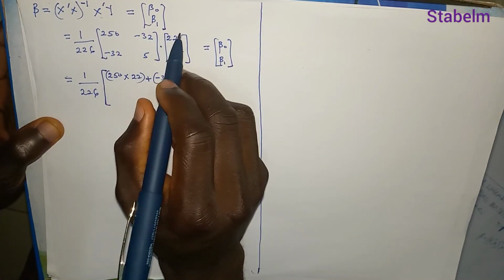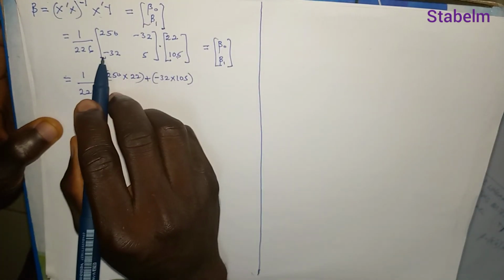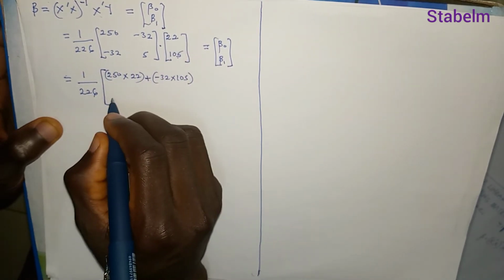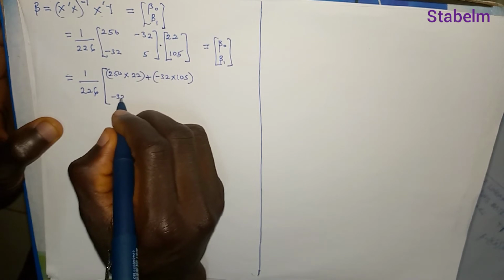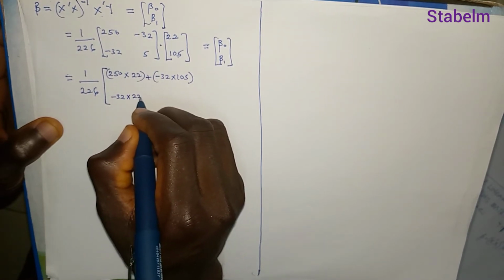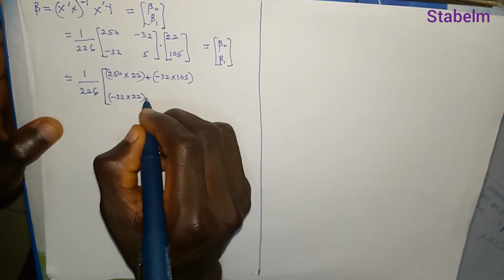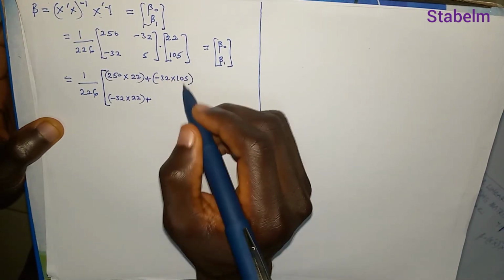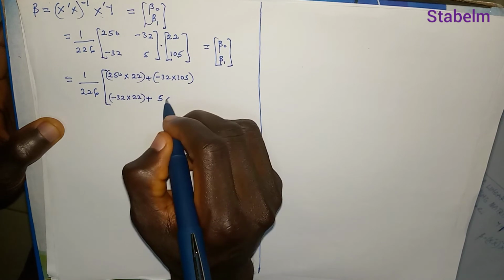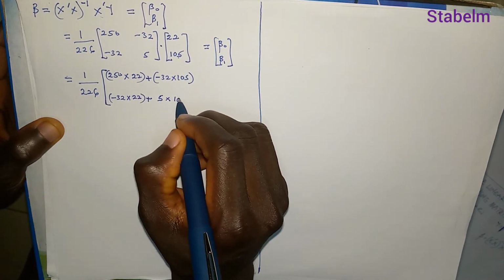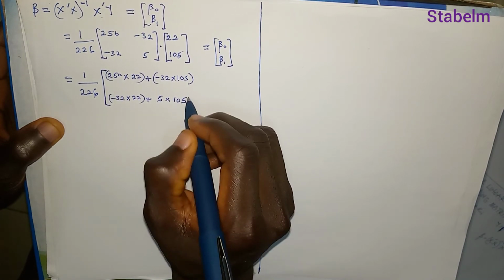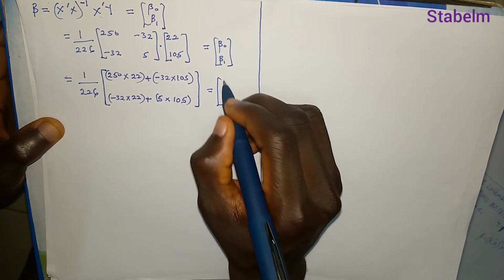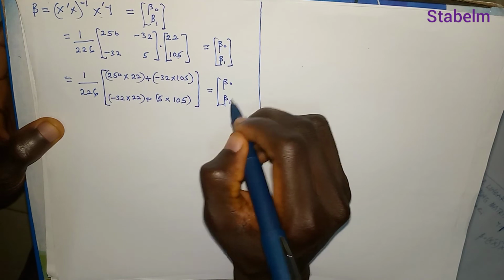That is the first row, first column. Then we need to do the second row: minus 32 times 22 plus 5 times 105, equals beta naught, beta 1.